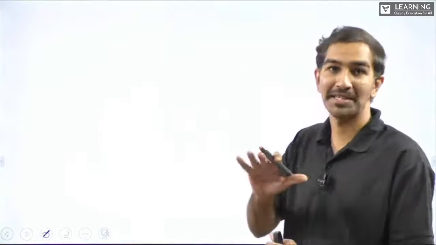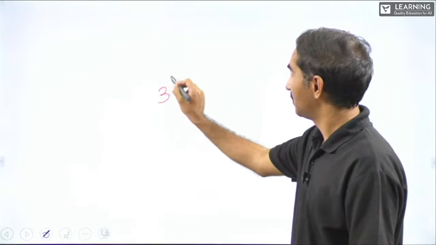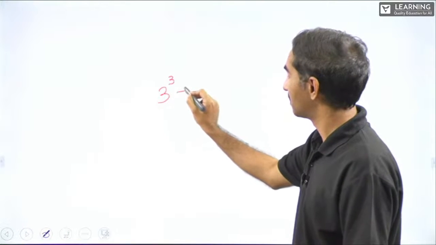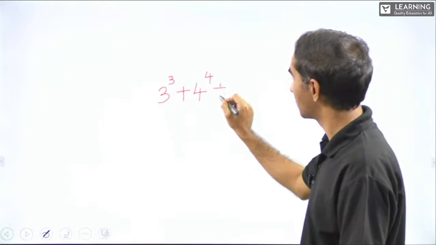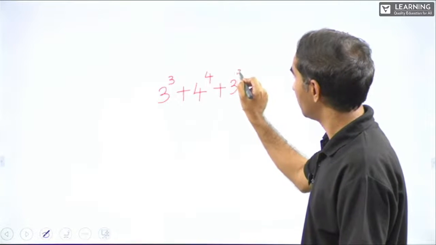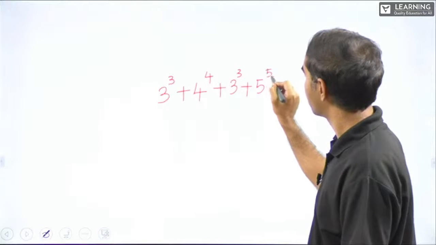Hello my dear students. So before we start with today's class, let us have a look at a special kind of number. So the number is like this: 3 to the power of 3 plus 4 to the power of 4 plus 3 to the power of 3 plus 5 to the power of 5.